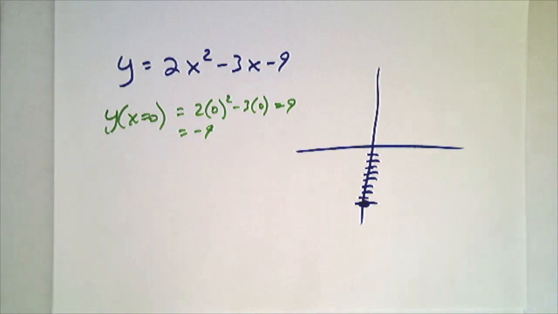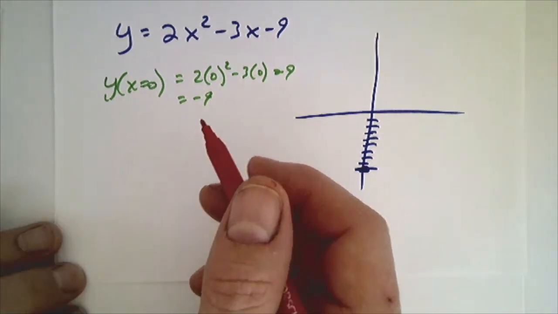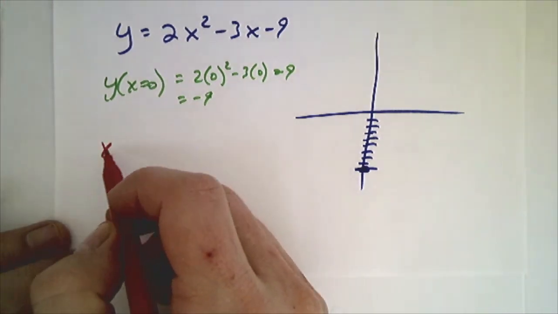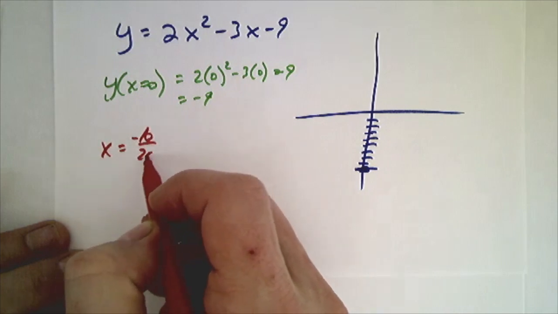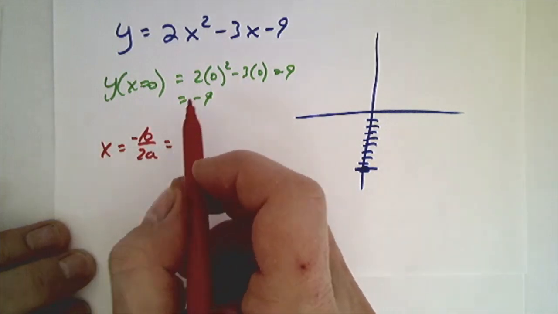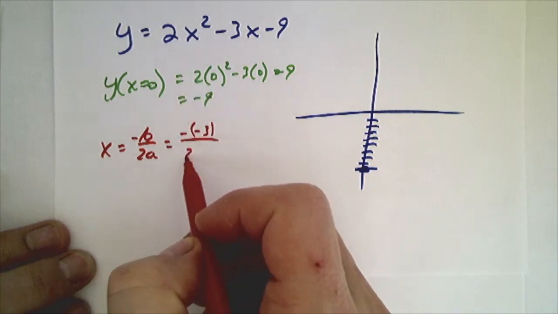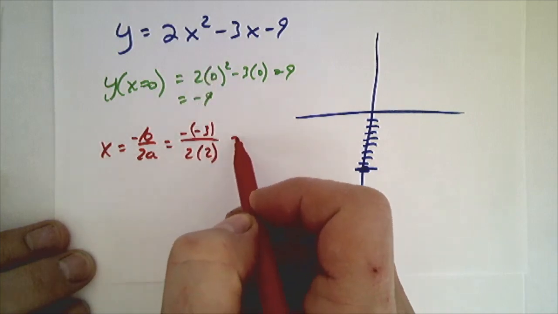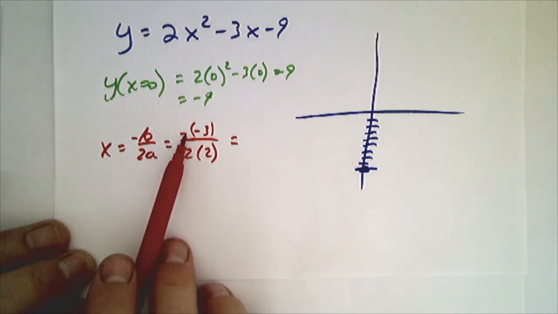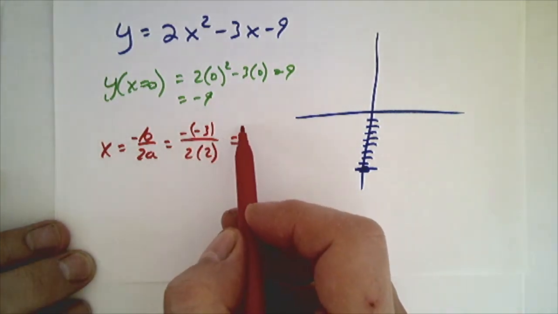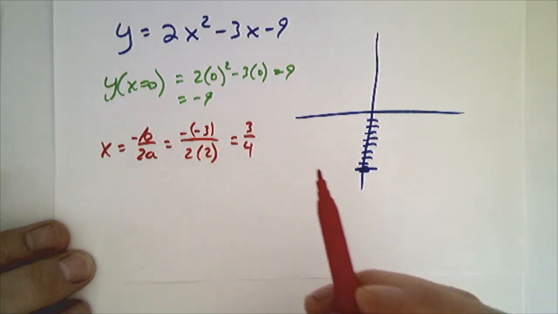Okay, so the next one is the axis of symmetry. Finding the axis of symmetry: x equals negative b over 2a. Negative b, negative negative 3, over 2 times 2. Negative, negative 3, that would be 3 over 4.